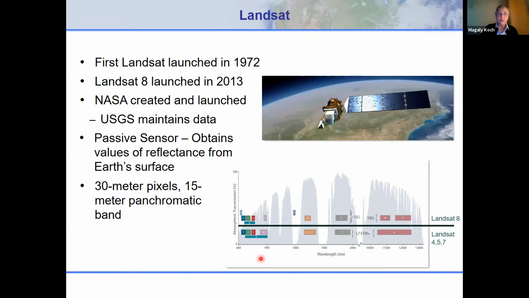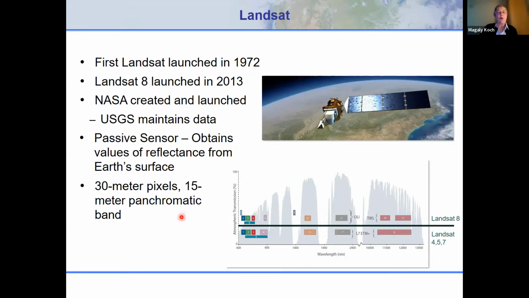However, if you're interested in monitoring aspects concerning the atmosphere, you may want to have some sensors that measure not the radiation coming from the Earth's surface, but radiation that interacts with the atmosphere. So you would select wavelengths that are known to be difficult to measure because the atmosphere actually interacts with that type of radiation.